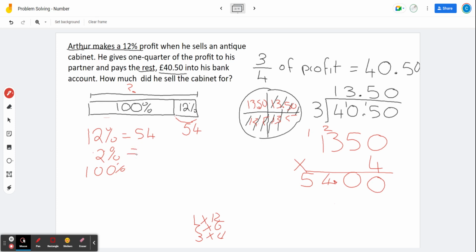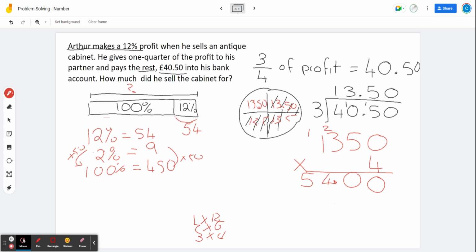If I divide 54 by 6, that is 9. If 2% is 9, then to get 100% I times by 50. So I'm going to do the same here, times by 50. 9 times 5 is 45, add the 0 is 450.